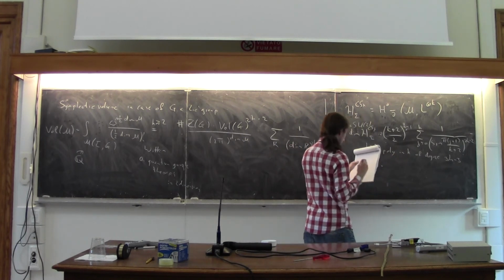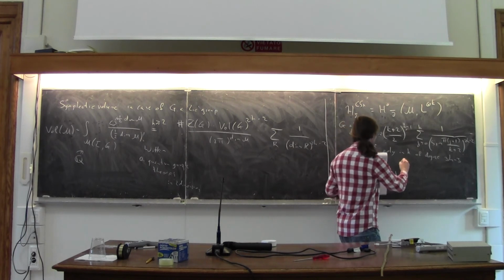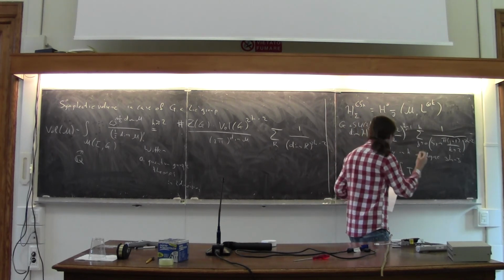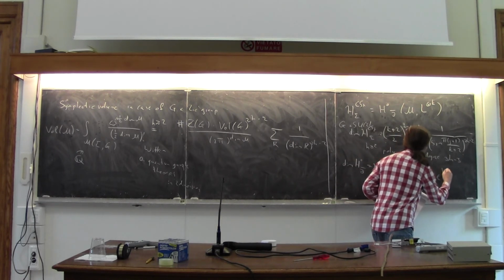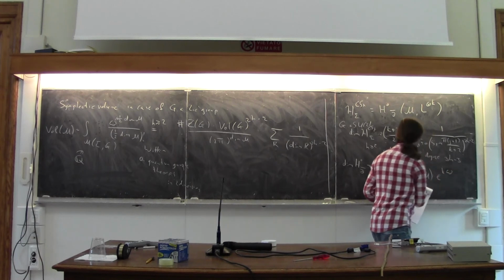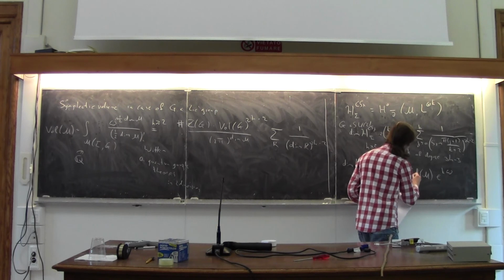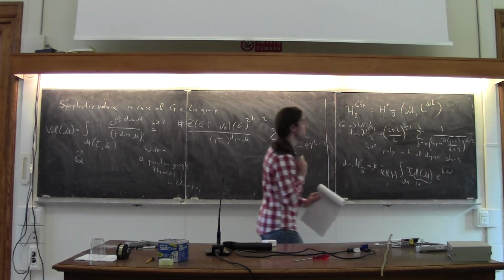And this can be expressed by the Riemann-Roch-Hirzebruch formula as the integral over M of the Todd class of the tangent bundle to M times the exponential of k times the symplectic form.